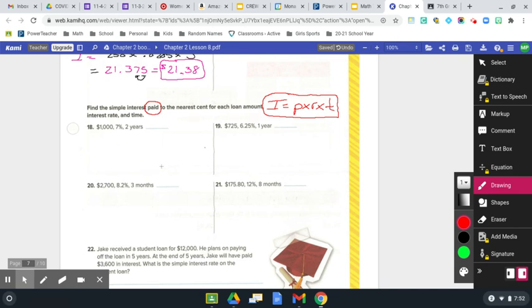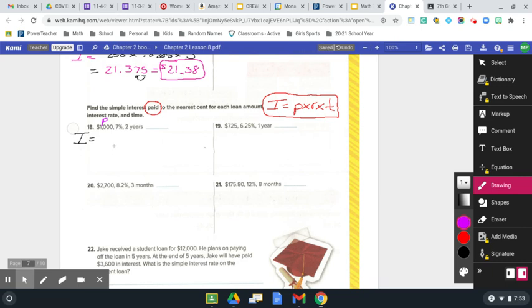So let's take a look at number 18. Knowing we're going to still stick with the same formula here, let's see how much interest we're going to have to pay back on a loan that was $1,000 at 7% for 2 years. Yesterday we practiced understanding that the dollar amount is the principal.